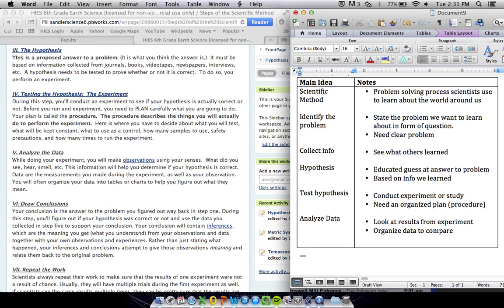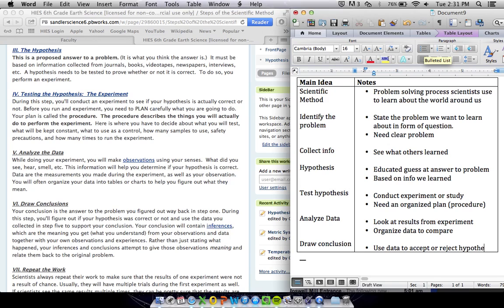Once we've looked at our data and we have an idea of what's going on, we want to draw our conclusions. We're going to use our data and either accept or reject our hypothesis.